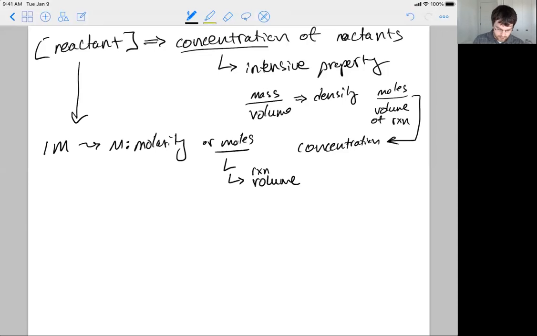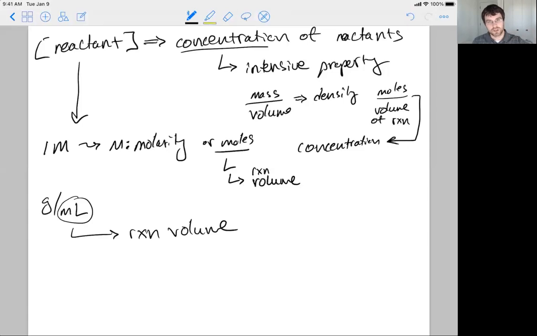Or we could have the concentration in grams per milliliter, where even though this looks the same as density, this is the reaction volume in milliliters.